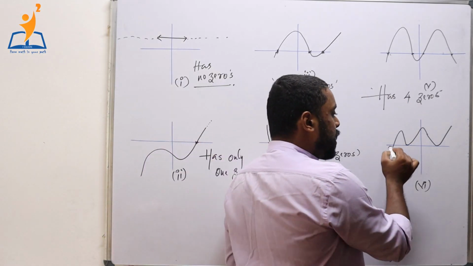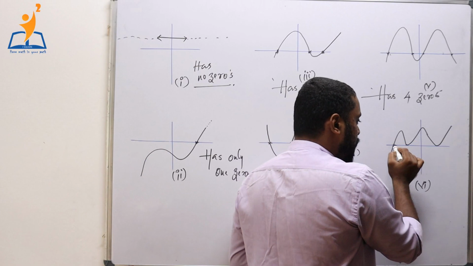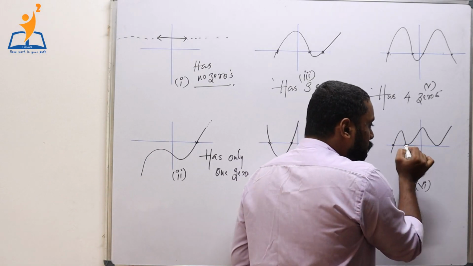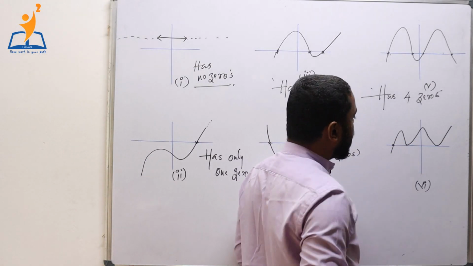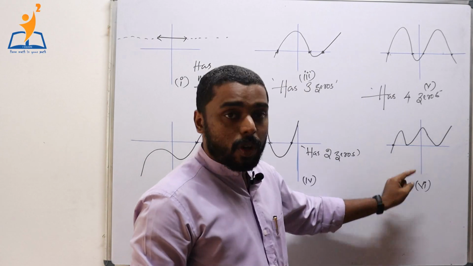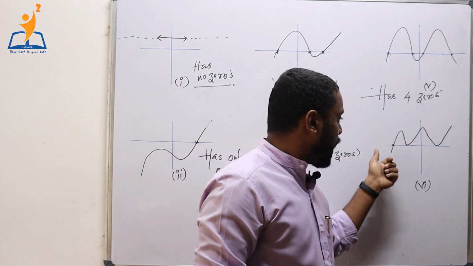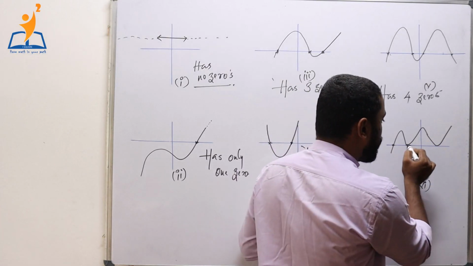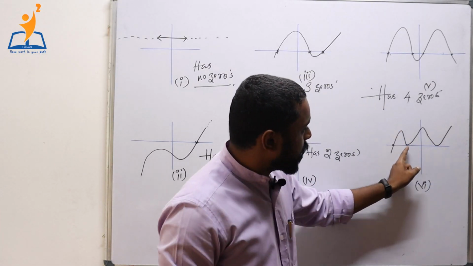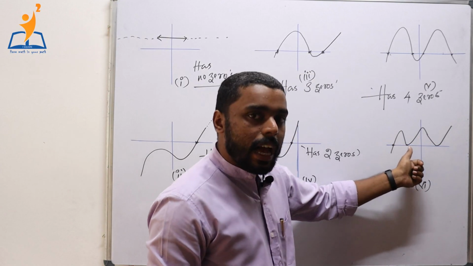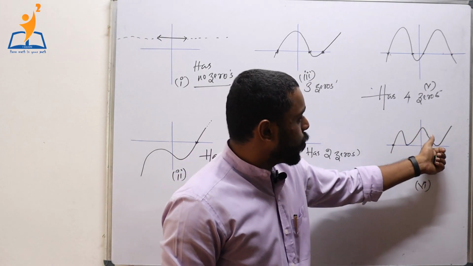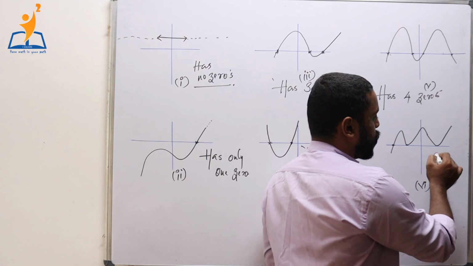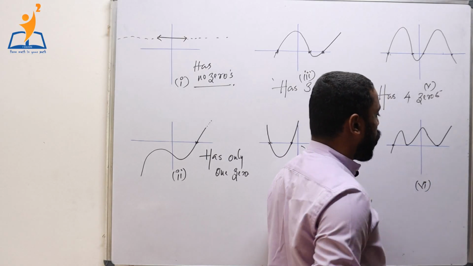See, this curve crosses the x-axis once here. Now this curve touches the x-axis once here, because the x-axis runs tangent to the curve at this point, which means that this curve touches the x-axis at this point and it moves on like this, and again it touches the x-axis at this point.